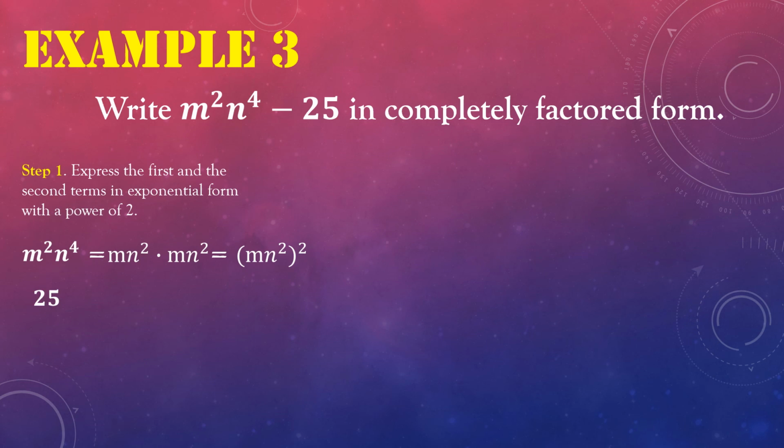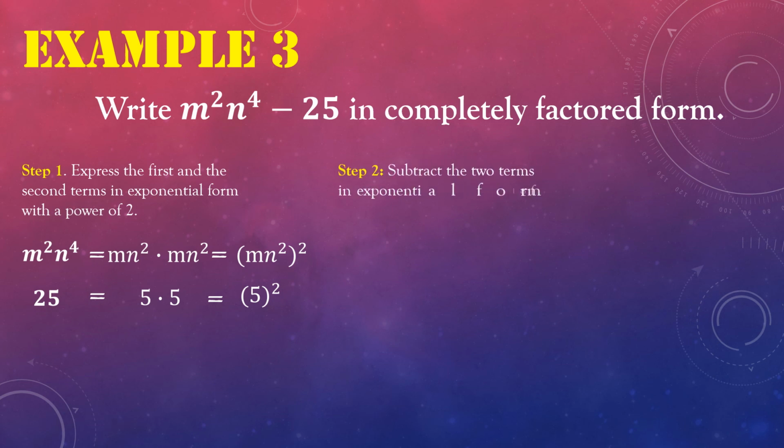The second term, which is 25, can also be written as 5 times 5, which can be expressed with the power of 2 as the quantity of 5 raised to 2. Then, we are sure that the two terms are perfect squares.